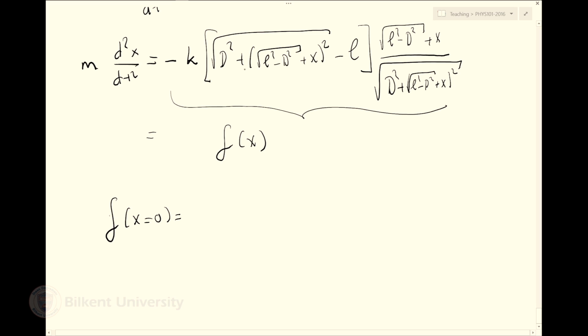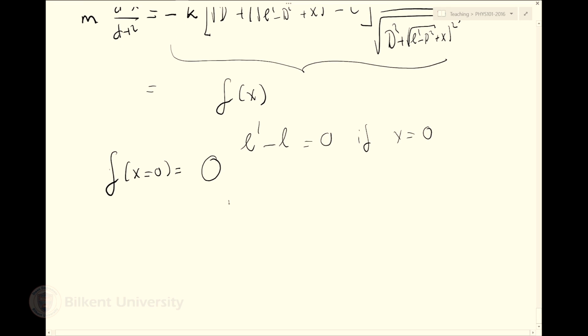Come on, look at that L prime minus L. L prime minus L is 0 if x is 0, right? What I have on the right-hand side is exactly the force when I'm in equilibrium position. In equilibrium position, I don't have any force, so that's 0.